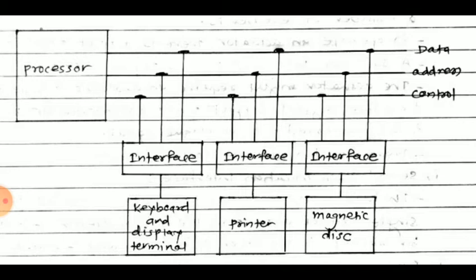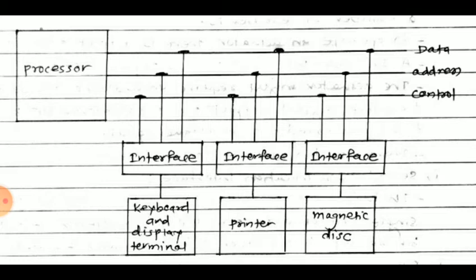Thus, there could be inputs from sensors, switches, keyboards, and outputs to displays and actuators. The simplest interface could be just a piece of wire. However, the interface often contains signal conditioning and protection to prevent damage to the microprocessor system.